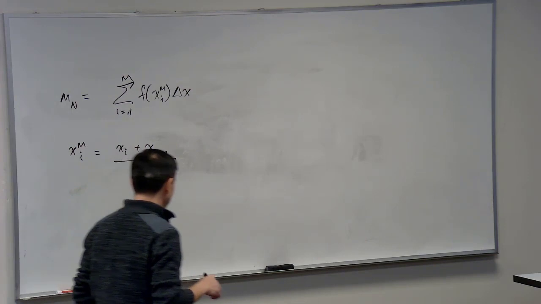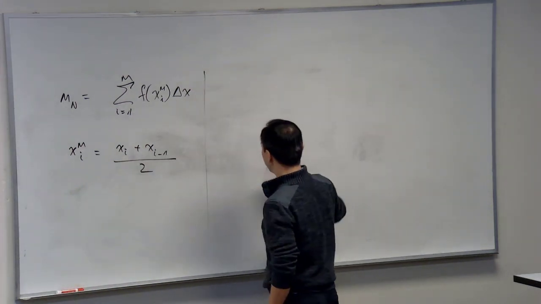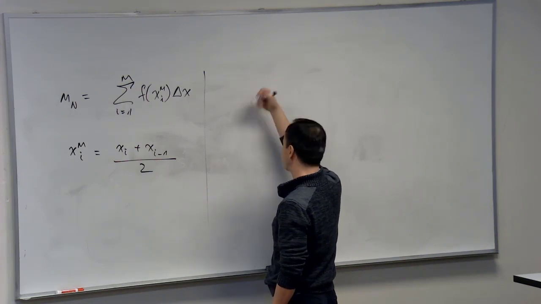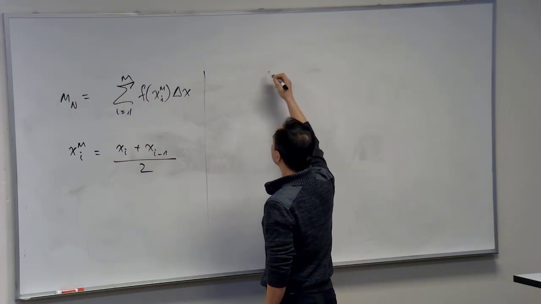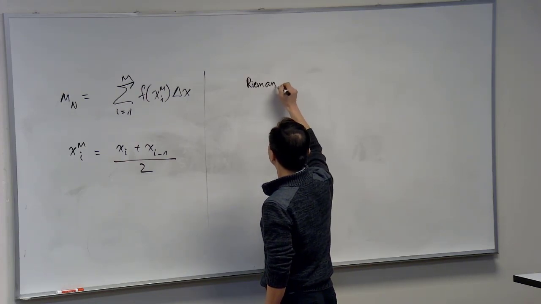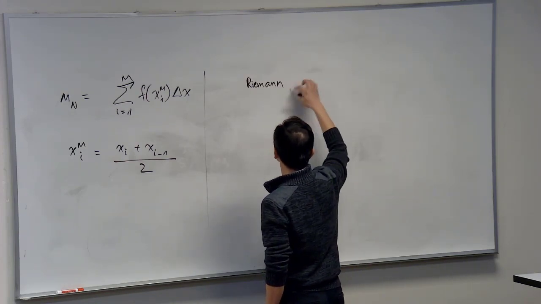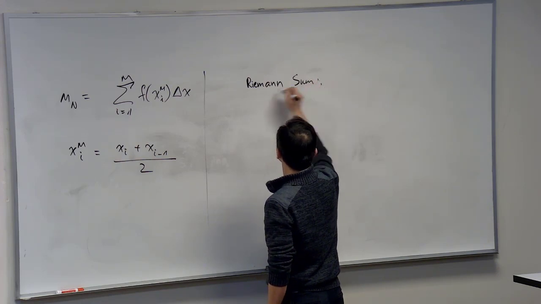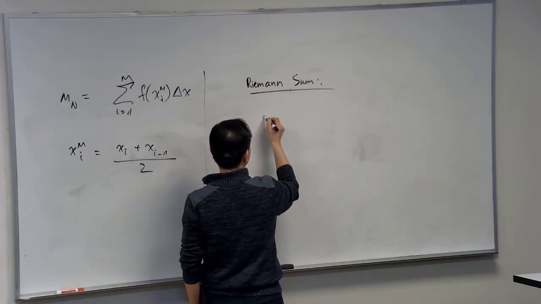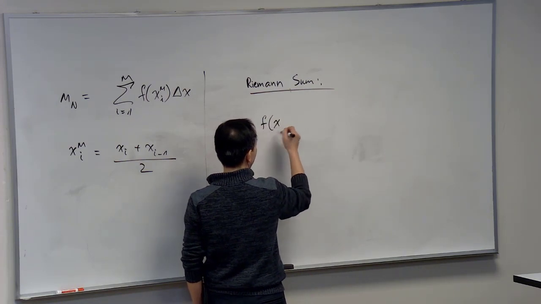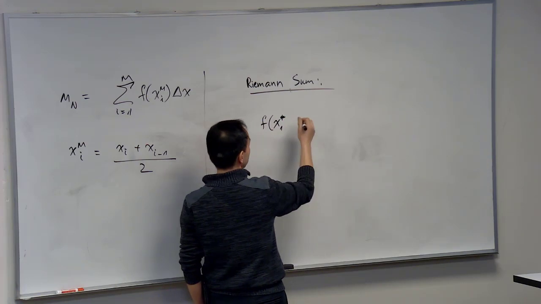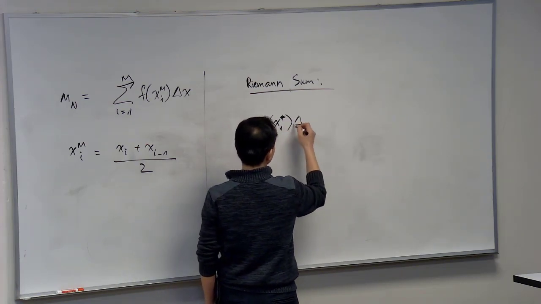At this point, generally speaking, a Riemann sum, whether left, right, midpoint, or even any other sample point, we just call a Riemann sum in general setup. We take the function value evaluated at some sample point inside the first subinterval and multiply with delta x.